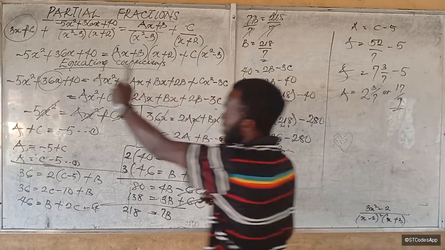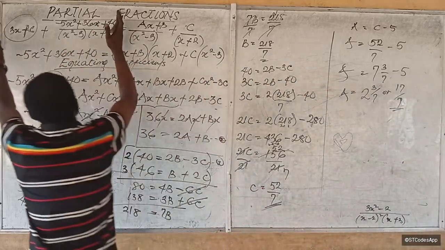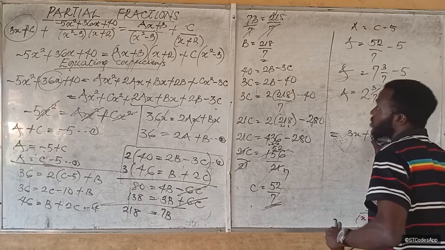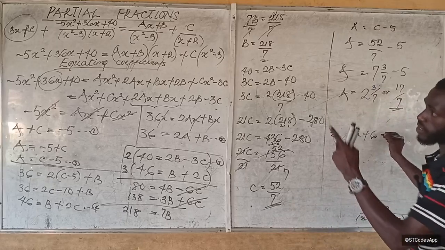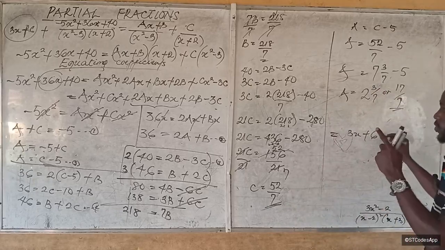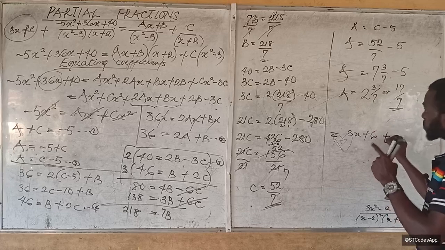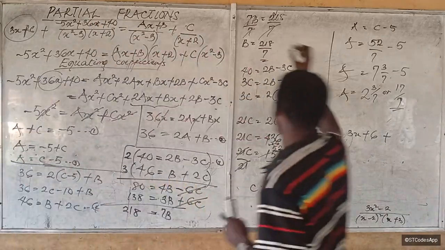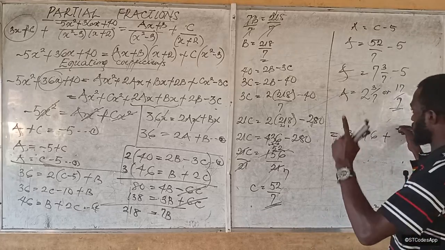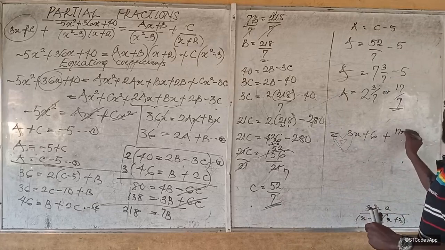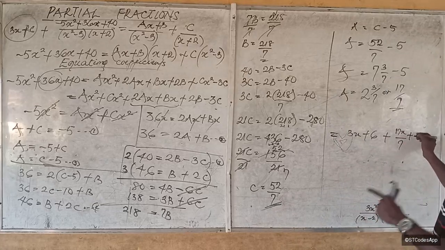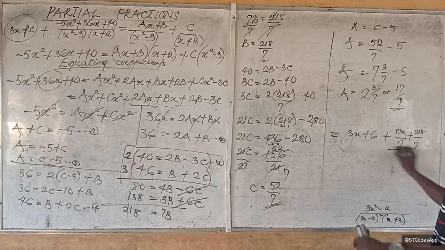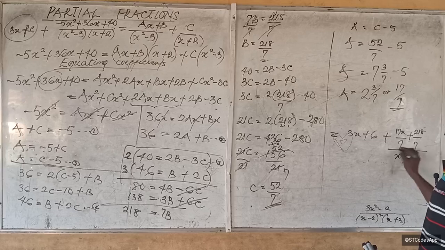So we'll now present this as everything here is equal to 3x plus 6 over x squared minus 3, plus this, which is Ax plus B. What is our A? 17 over 7. That will be 17x over 7, plus what is our B? 218 over 7, all over x squared minus 3.